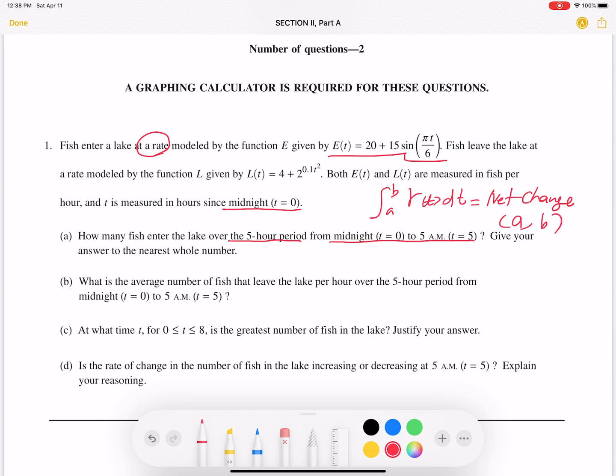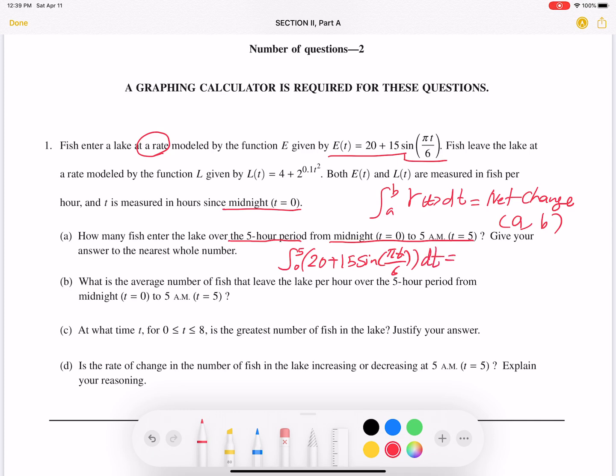For 5 hours, what is the net change of the number of fish? So the integral from 0 to 5 of the rate of change of the number of fish entering the lake, that is E of t, so 20 plus 15 sine of pi t over 6 dt.